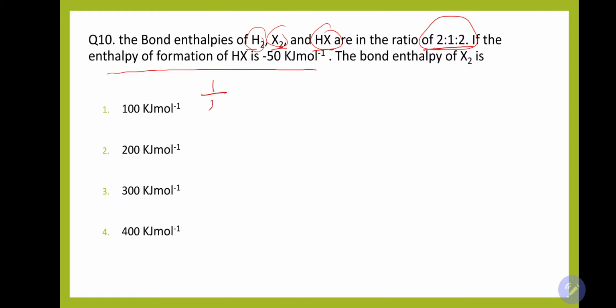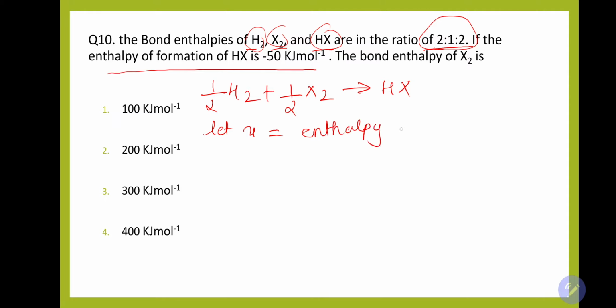So basically half H2 plus half X2 gives HX. If this is the equation, let us assume that x is the enthalpy of the XX bond.